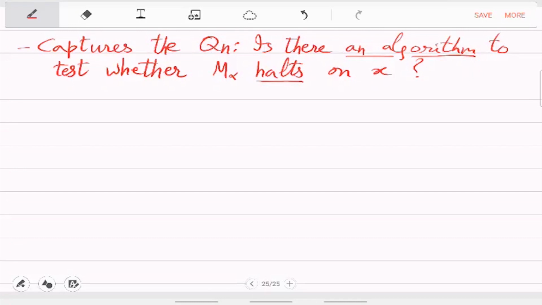Right. So, this is the question which we are formalizing here by defining the language halt, because the yes strings are the ones where M alpha halts on X. So, if you want to recognize this language, decide this language, then you have to design an algorithm to test whether M alpha is actually going to halt on X.